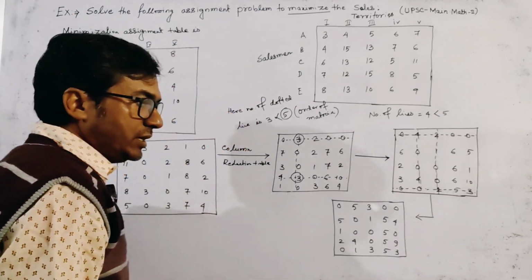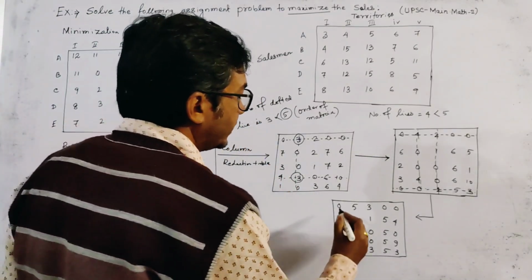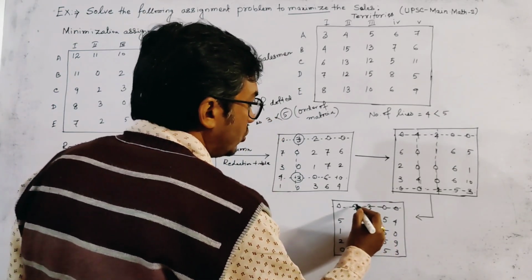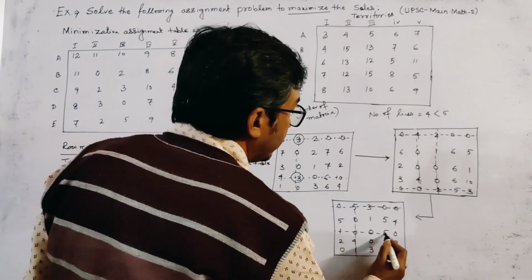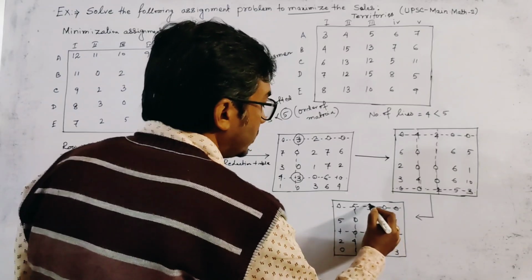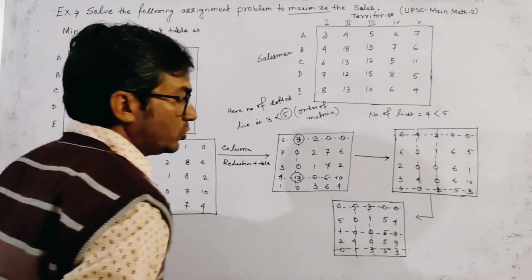Now try to cover with the minimum number of vertical and horizontal lines. We draw a line here, again we draw a line here, and again we have to draw these two lines, otherwise we cannot cover all the zeros.